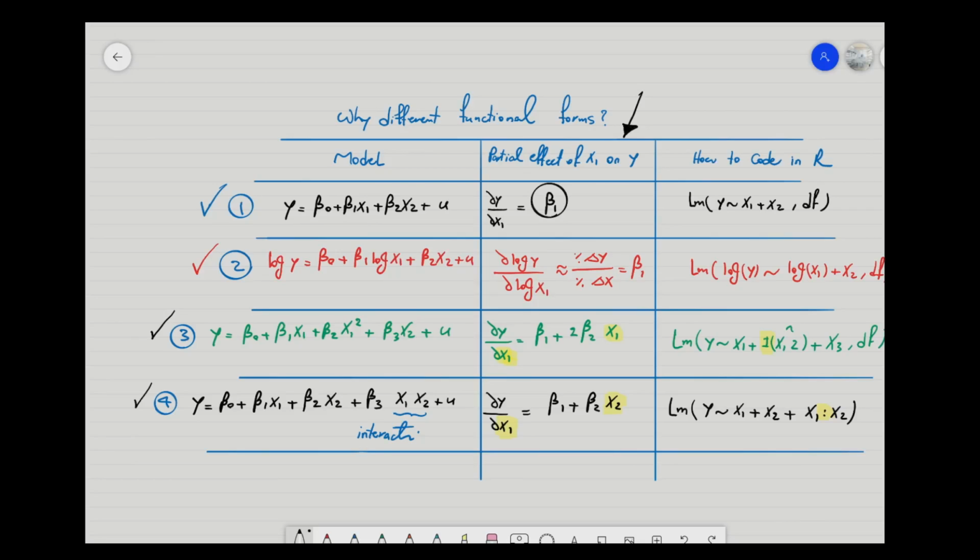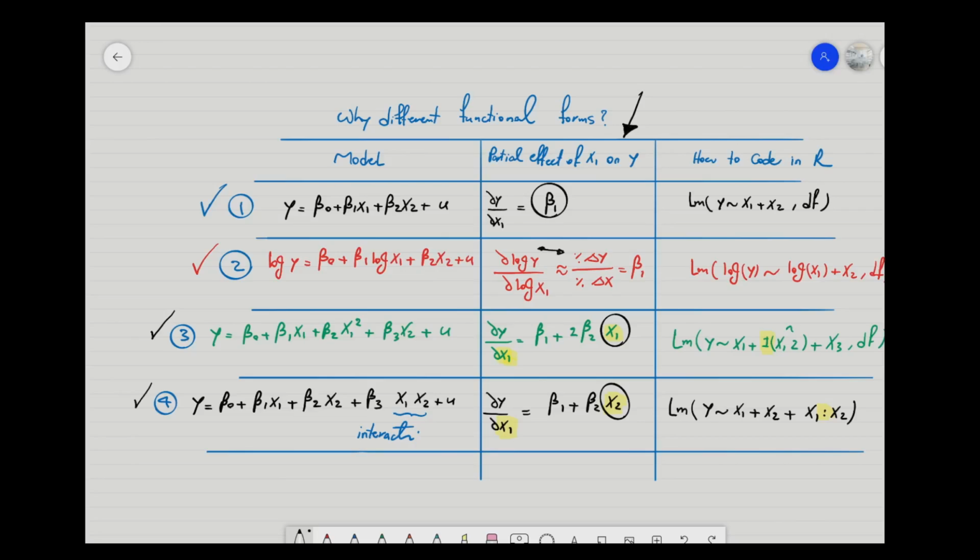If you believe that the partial effect of x1 on y is a function of x1 itself, let's say the effect of education on wage is a function of education, we use model number 3. If you believe that the partial effect of x1 on y is a function of some other explanatory variable, x2, like gender, we use the interaction term. And if you want to have some interpretation in terms of percentage, we use the log model, right?